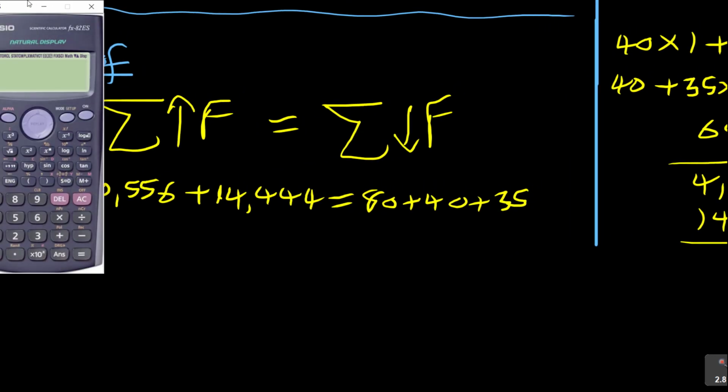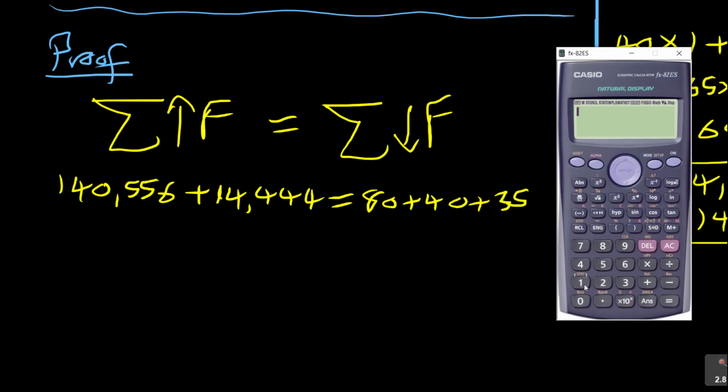But remember, you are not showing us this. They didn't expect you to show us, but this is what I'm trying to say. Use that just to check that you're correct. 140,556 plus 14,444, on the left hand side I get 155. So let me add the other one. 80 plus 40 plus 35 equal to 155.